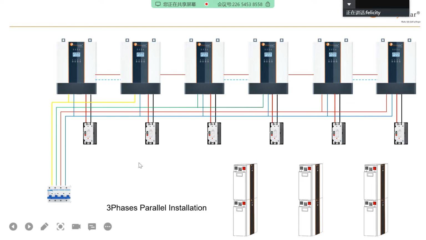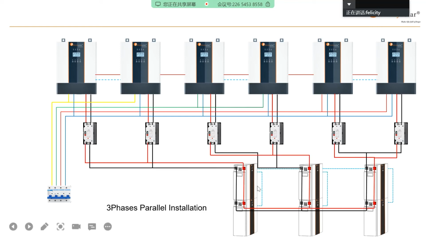For this communication part you can refer to the user manual on how to connect this cable. And this is the battery connection. The battery accepts the positive and negative connection, but also here you can see this one is a blue cable.